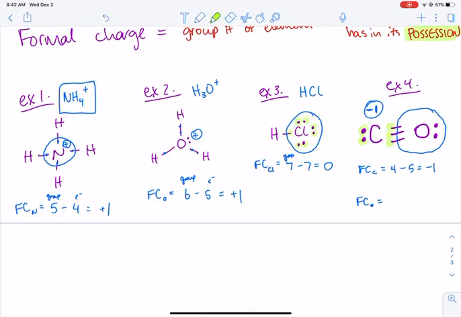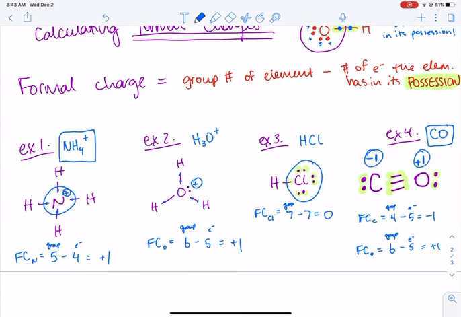For the oxygen, we have 1, 2, 3, 4, 5 electrons in its possession. Oxygen is in the 6th group, right? We said the oxygen has 5 electrons in its possession. So 6 minus 5 is +1. Here, we have a +1. So -1 and +1 added together end up being neutral, which is why when you write carbon monoxide, you write it neutral. But each one of those atoms actually does have a non-zero formal charge.